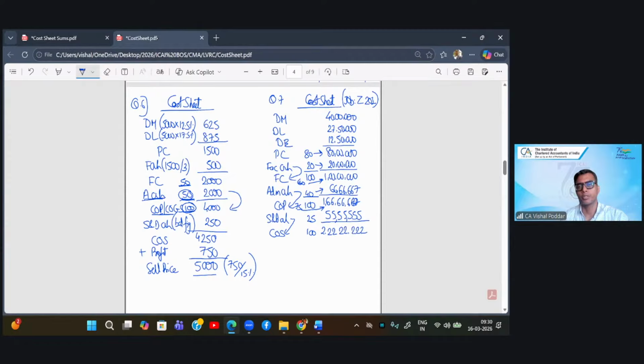Is this correct, students? Yes. So 2 crore 22 lakhs 22,222, and then profit, and then selling price.